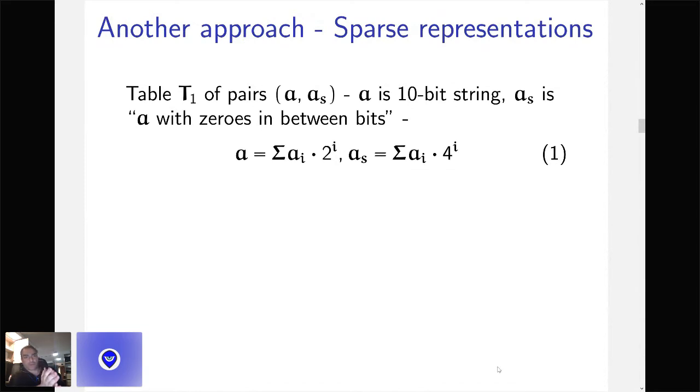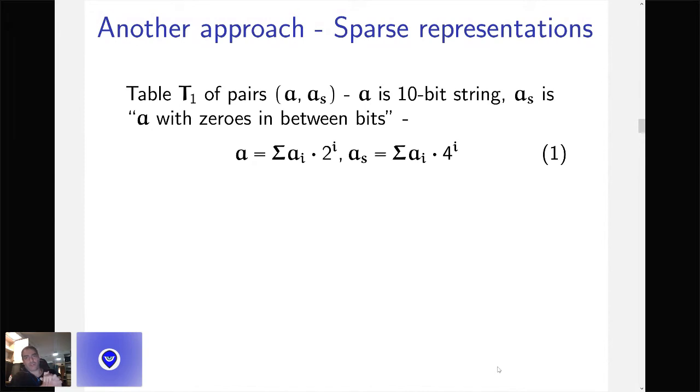So that's one approach, and another approach, which I also have to give credit, appeared in the ARIA paper, and is extremely useful, is using what's called sparse representations.